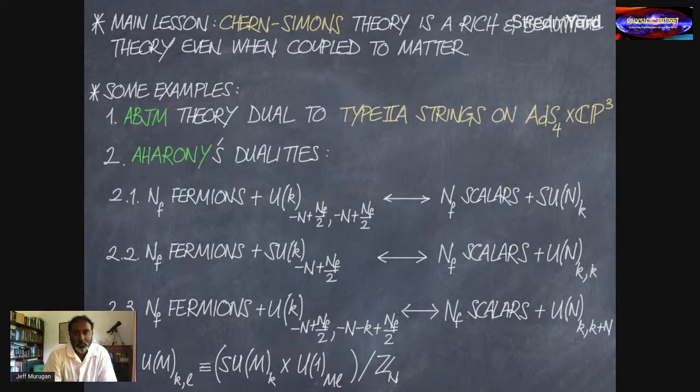The next main lesson that I'd like to talk about here is one involving so-called Chern-Simons theory. Chern-Simons theory is a gauge theory, and by itself, pure Chern-Simons theory has no dynamical degrees of freedom.